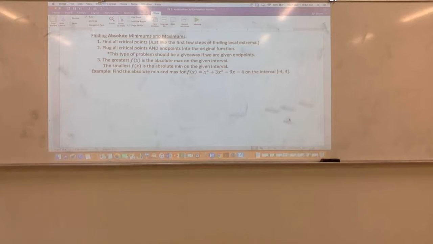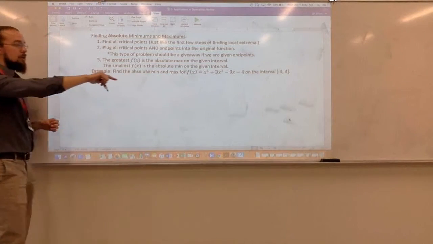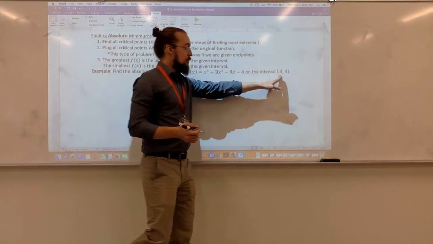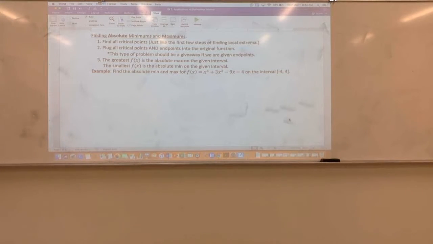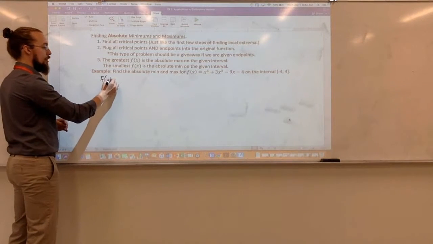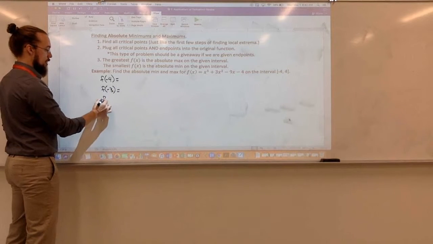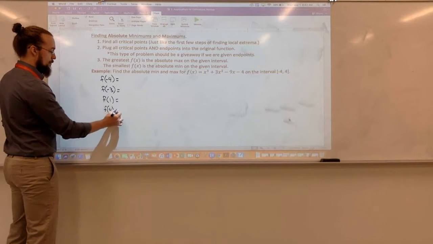Okay. So we've already found the critical points, right? Our negative 3 and positive 1. And then my endpoints are negative 4 and 4. So I'm going to plug all 4 of those values into the original function. So I want to evaluate f of negative 4, f of negative 3, f of 1, and f of 4.